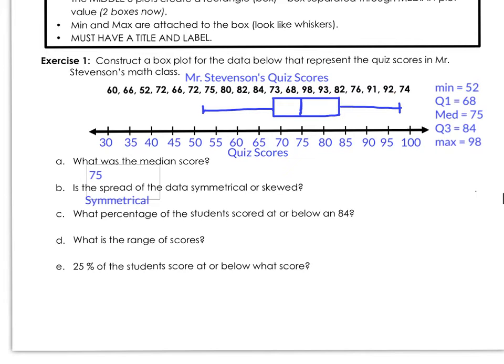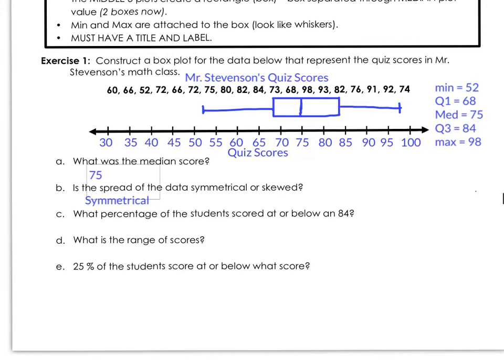The next question, part C, says what percentage of the students scored at or below an 84? Well, where is 84 on our graph? It's here. It's where we plotted the Q3. So let's go back to median because you've learned about that before. The median is the number in the middle. So that means that 50% are above and 50% are below.